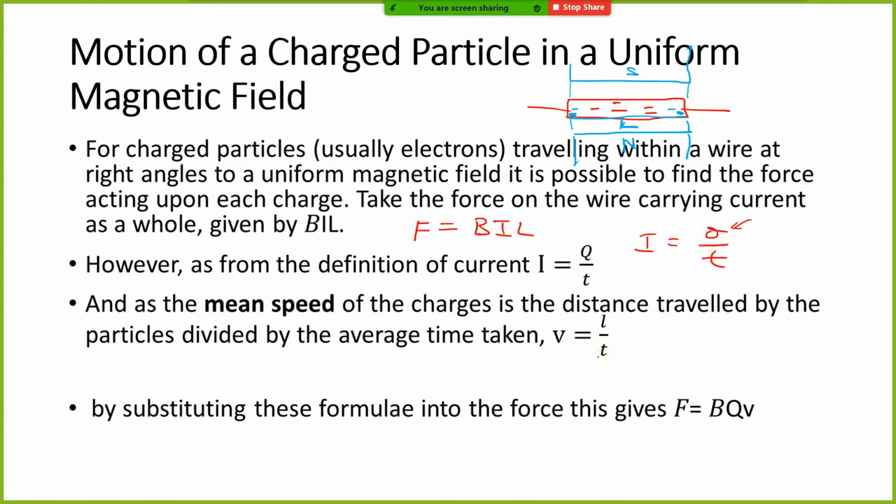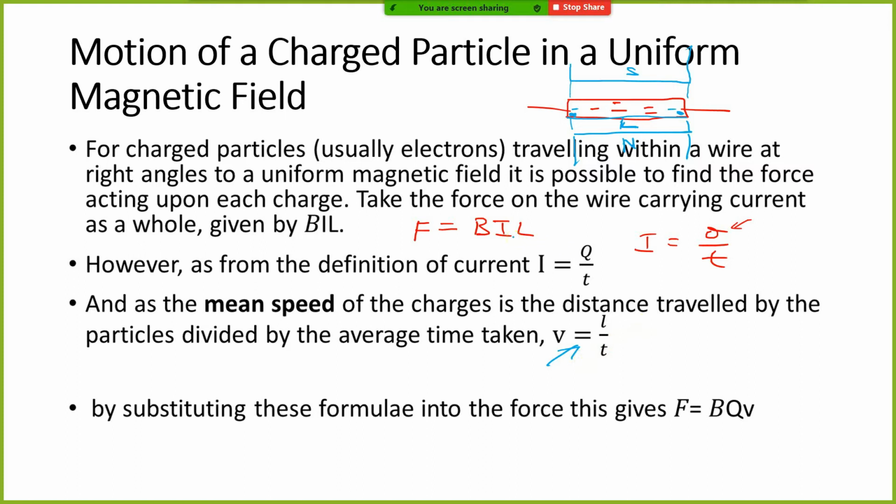Now, we can do a little bit of substitution. What we could do is make T become the subject of this equation. Let me see, give me a second here.